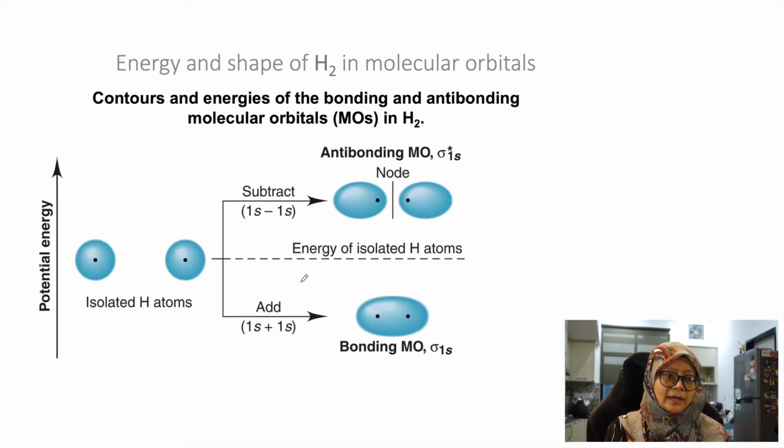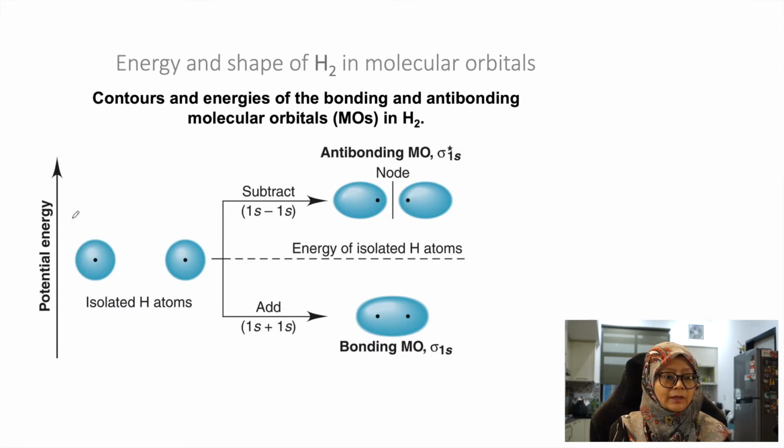And this is the energy and also the shape of the hydrogen molecular orbitals. So what happened here? We have two isolated hydrogen atoms, where each of these hydrogen atoms has one proton and one electron.